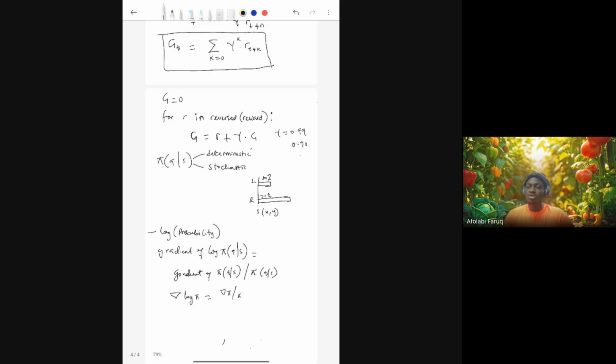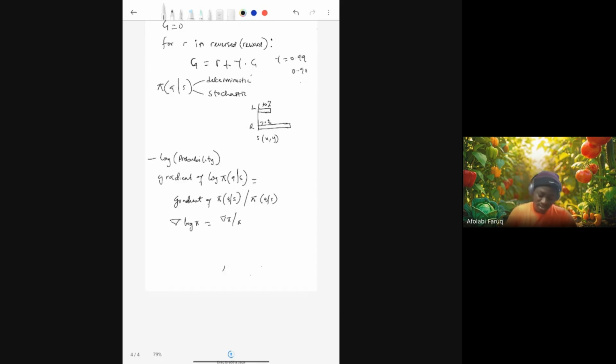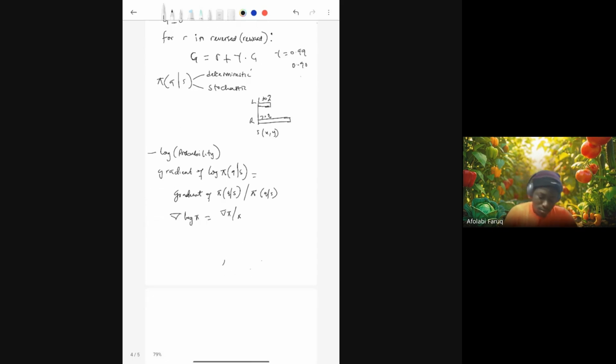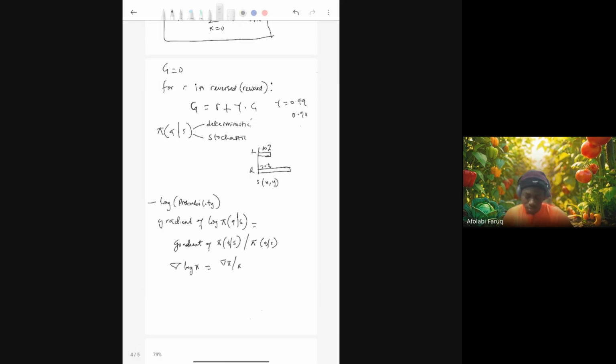And what this helps us to do is this. Let's say the policy of an action given a state is equal to 0.001.